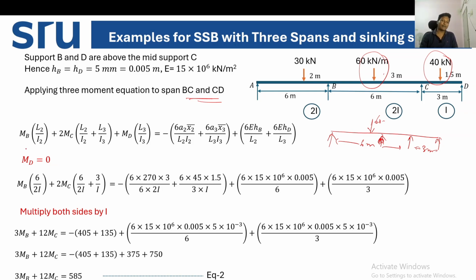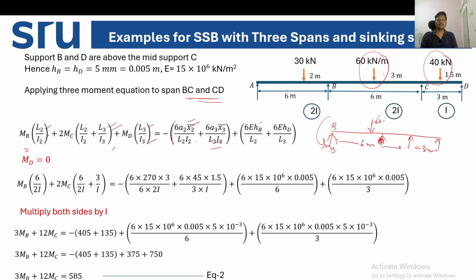So the sequence is MB into L2 by I2 plus, here using the B support, so obviously MB will come, MB into L2 by I2 plus 2MC into L2 by I2 plus L3 by I3 plus MD into L3 by I3 is equal to minus 6 A2 X2 bar by L2 I2 plus A3 X3 bar by L3 I3 plus settlement conditions.